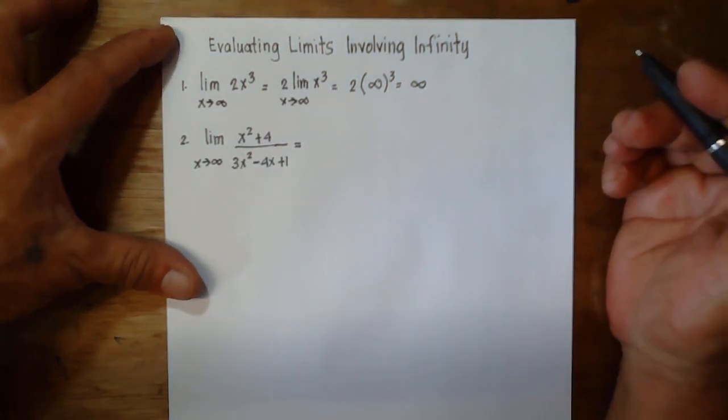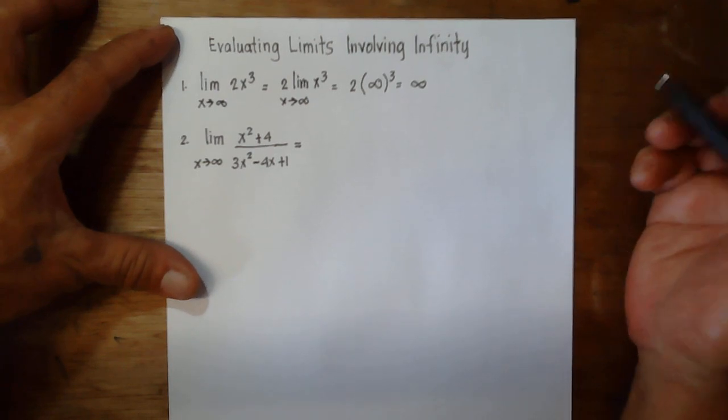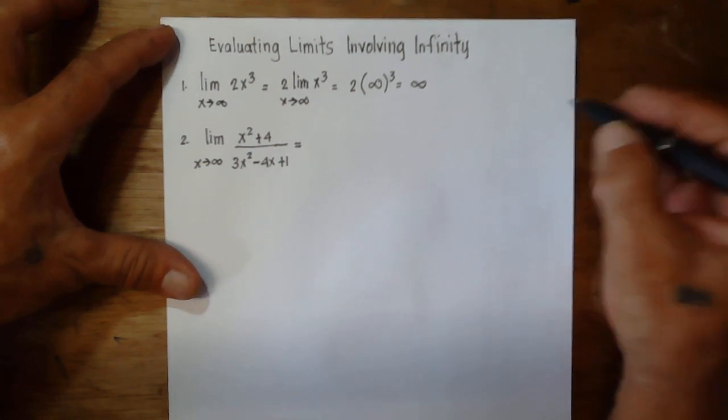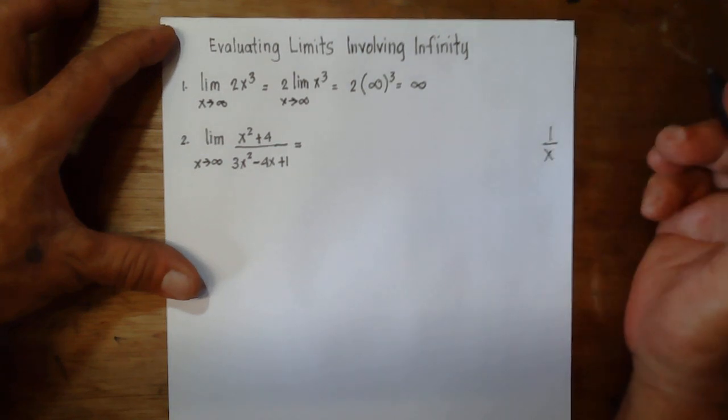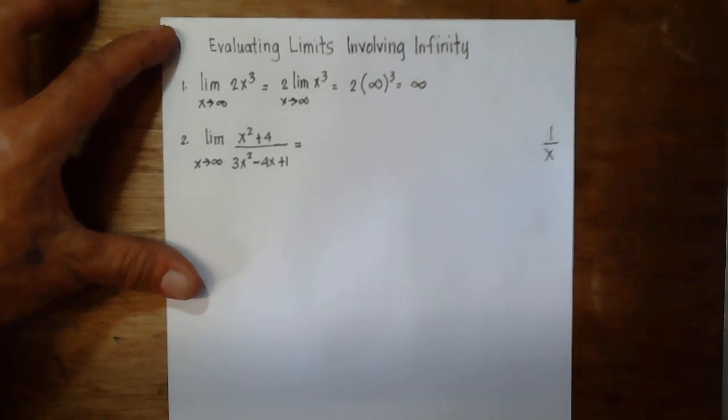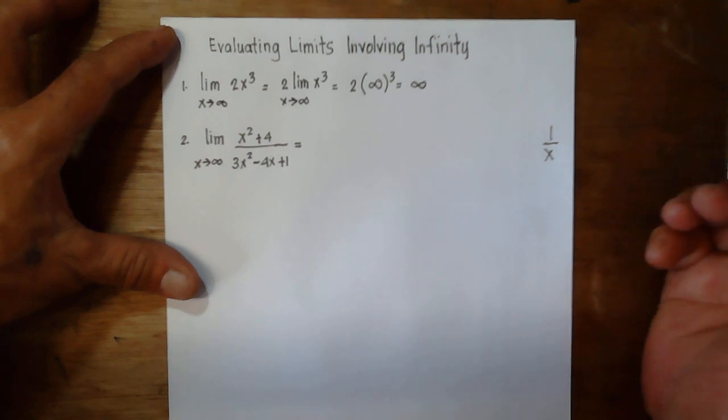Now, from our previous examples, we need to show 1 over x. Okay? So we need to show this 1 over x in order to solve for the value of this limit.